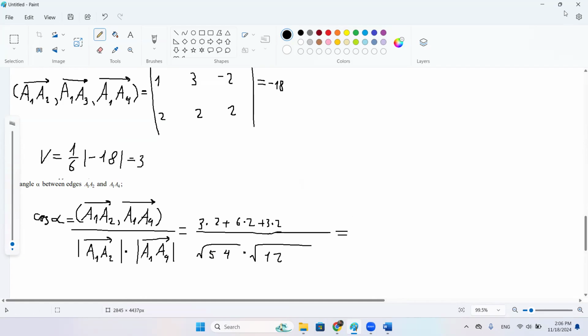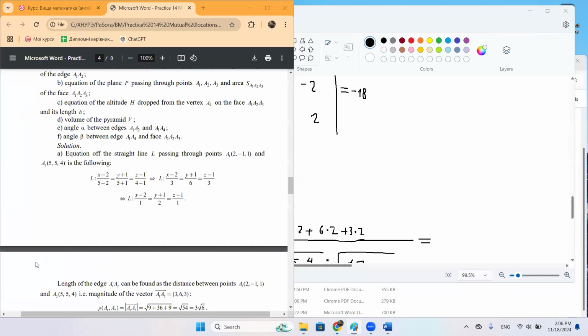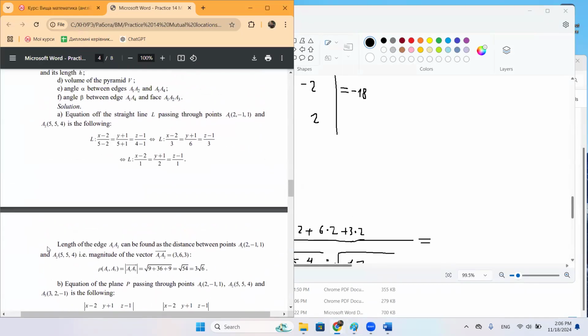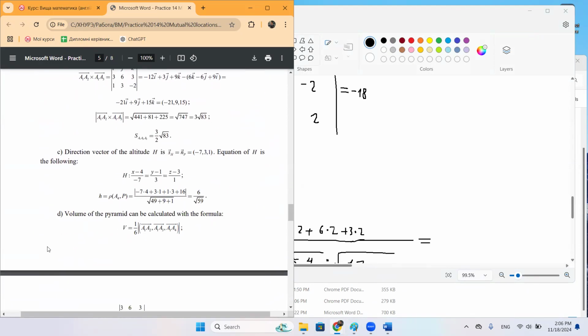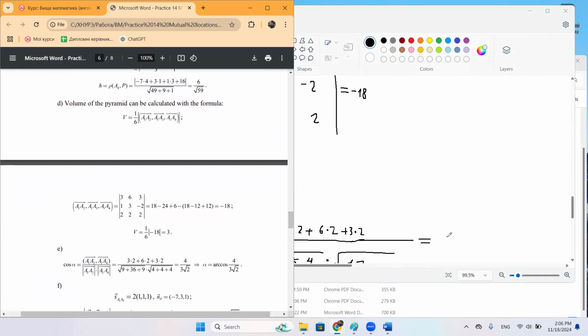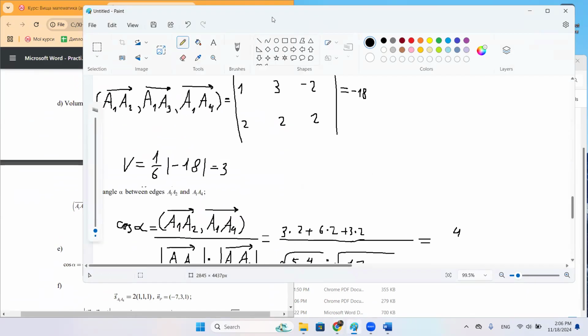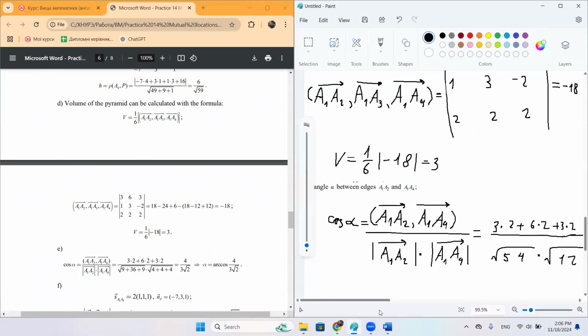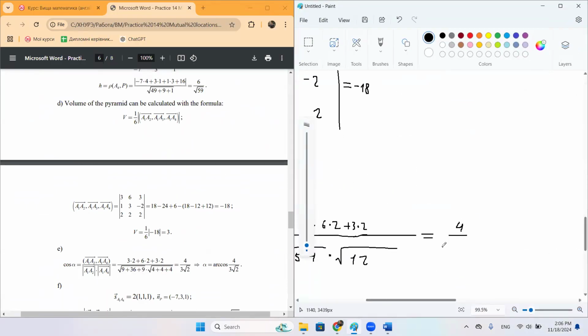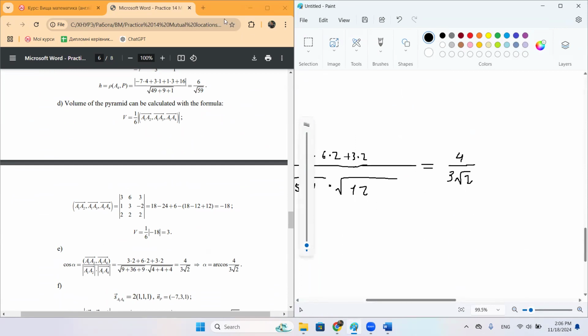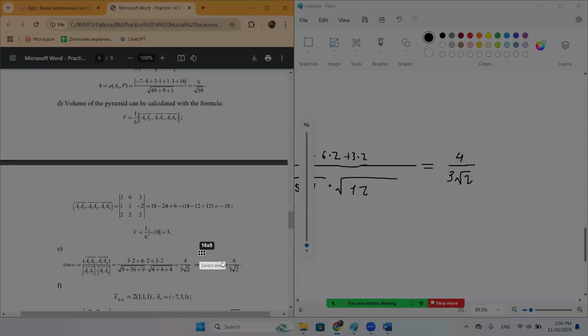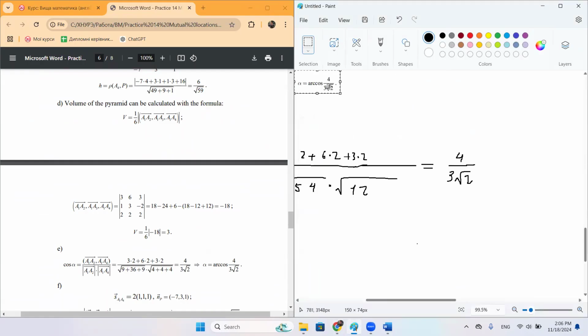We won't play with calculating square roots. So we have 4 by 3 square roots of 2, and this is not a value from the table, so we just leave this answer.